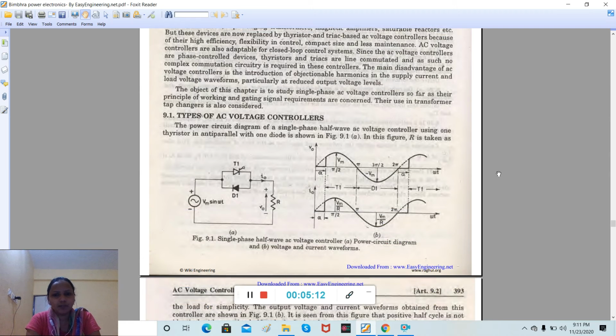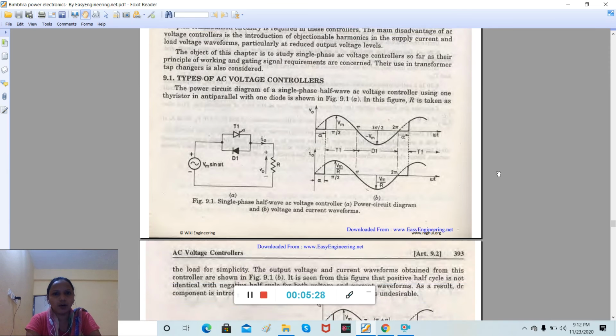Under the half wave and full wave AC voltage controllers, we include the power circuit diagram and the voltage and current waveforms, which show the output voltage and output current waveforms. The power circuit diagram of a single phase half wave AC voltage controller is this, and this is the output voltage and current waveform.